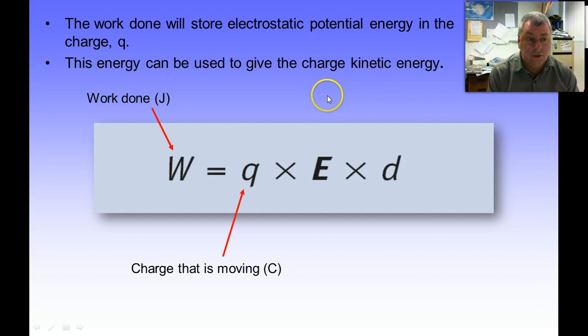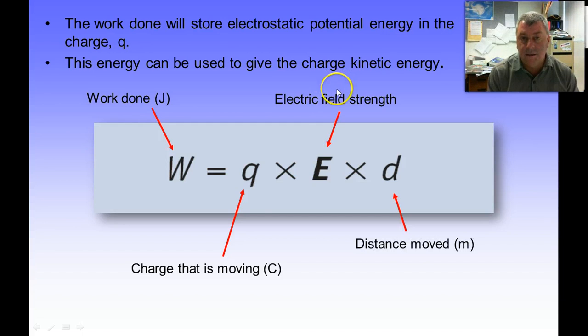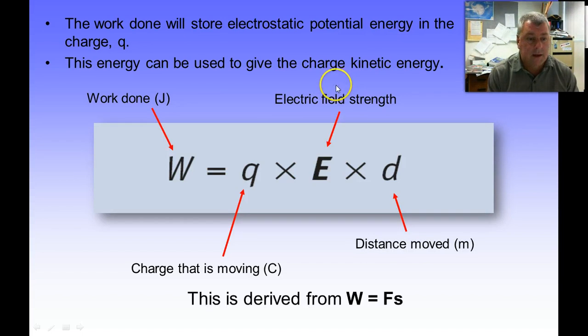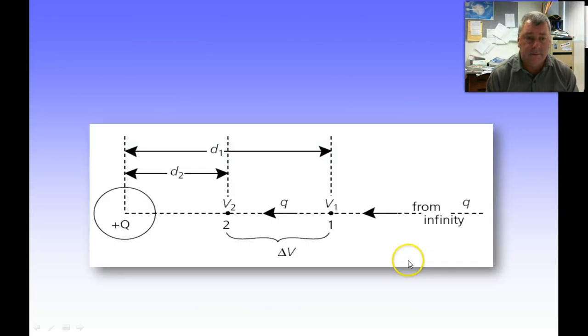Work done is in joules, the charge that is being moved, the electric field strength that the charge is experiencing, and the distance being moved. And all this is derived from W equals Fs, because F is equal to QE in our electric fields. We've seen it more familiar as E equals F on Q, but F equals QE as well.